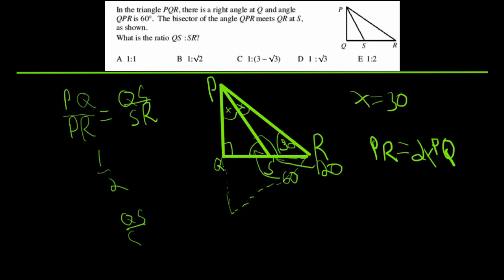Therefore, QS divided by SR is equal to a half, and so the ratio between QS and SR must be 1 to 2, which corresponds to E.